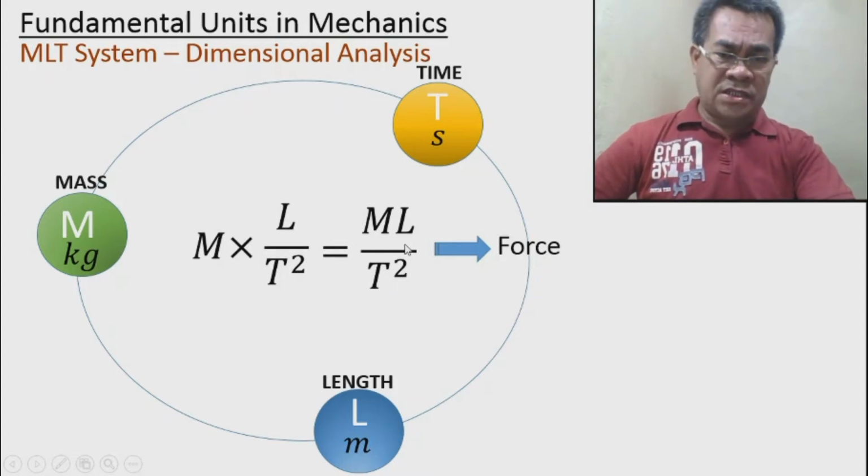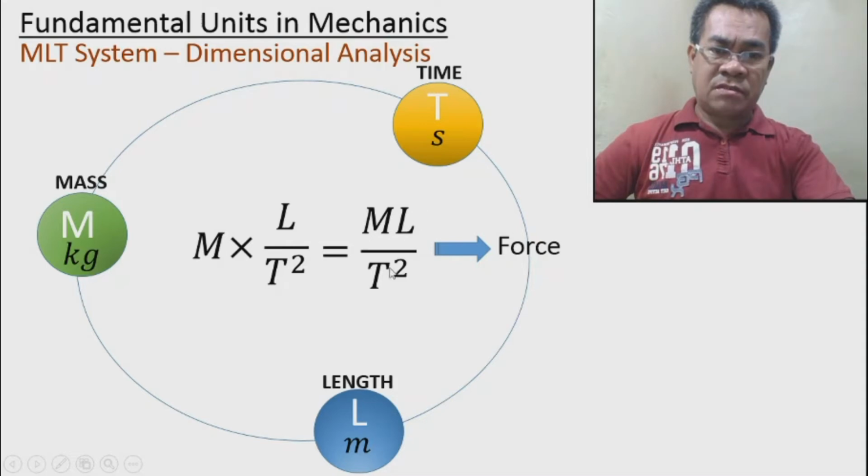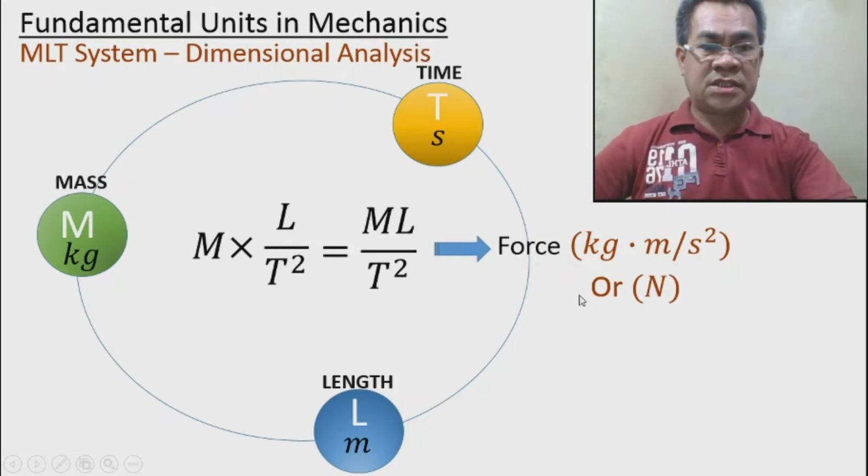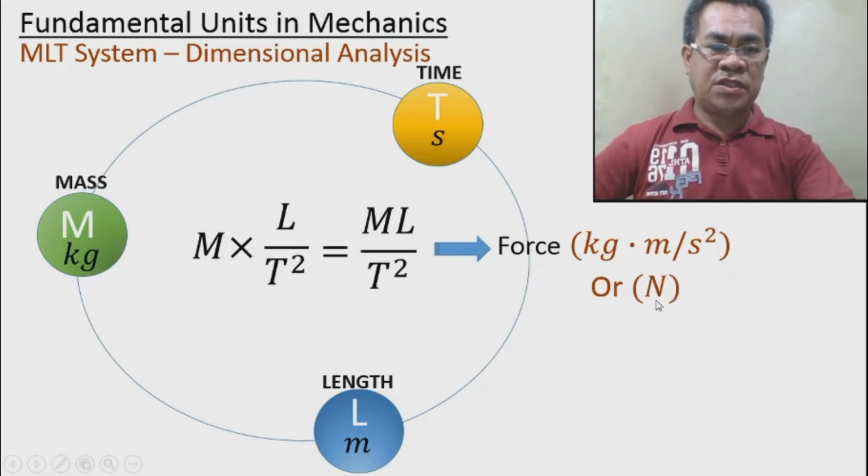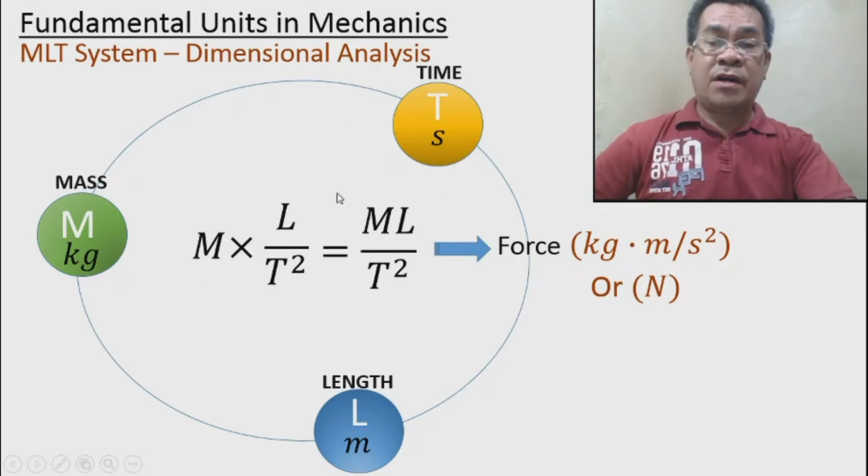So if you analyze the unit, m should be kilogram, L is in meter, so this is kilogram meter per second squared. But take note, this is Newton in short, because 1 Newton is 1 kilogram meter per second squared. Okay? So there are many possible quantities that can be formed out of these three.